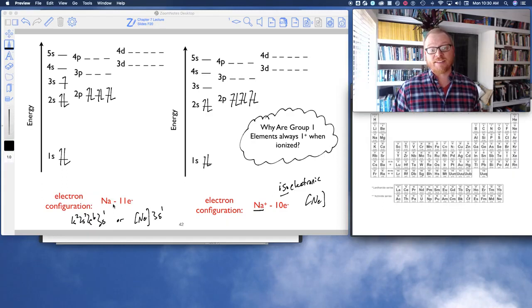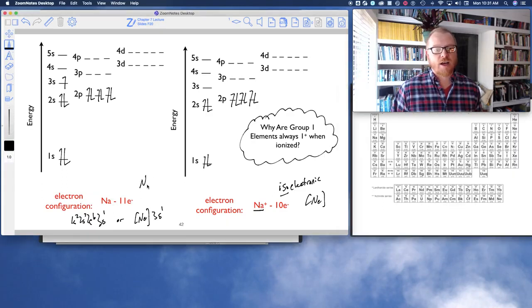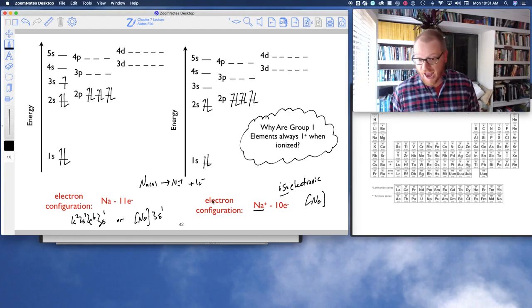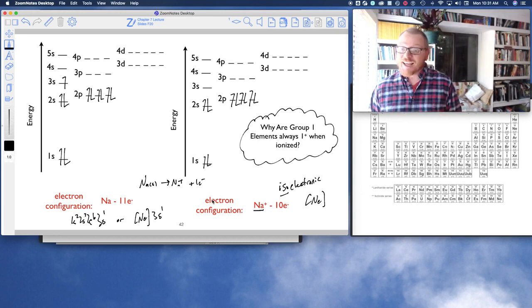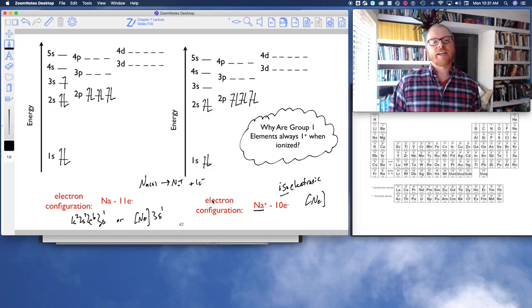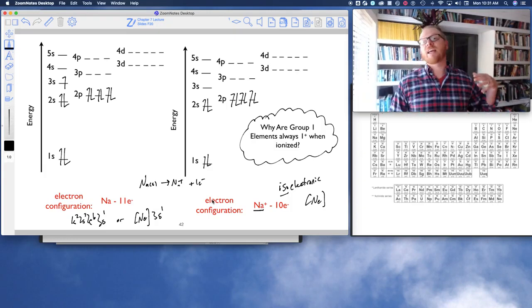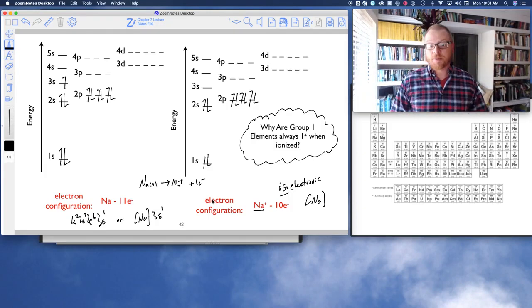So when sodium goes through this reaction where it releases an electron, that's very exothermic. And so if you've ever seen somebody throw a chunk of sodium into some water, it explodes and releases a ton of energy because sodium is having an electron released to give it that stable noble gas configuration.